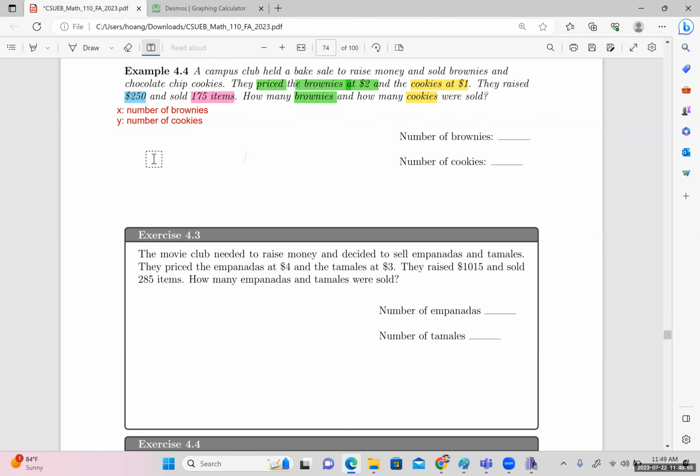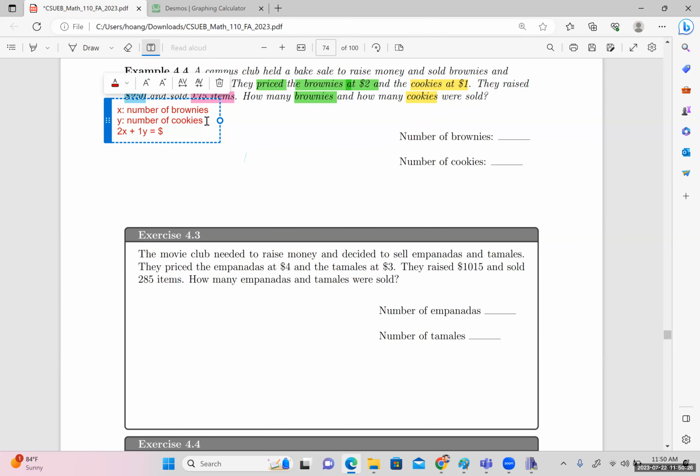revenues? Okay, and you see that the price for brownies is $2, right? So I'm going to have 2 times X, right? Plus 1 times Y. And that will give us $250, right?